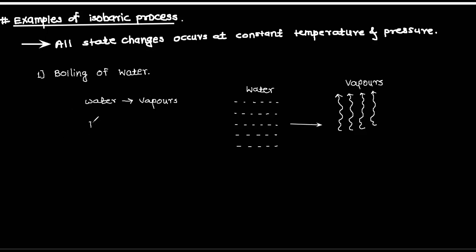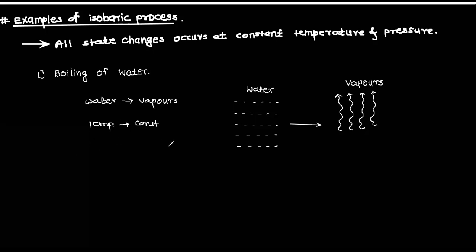Why does temperature remain constant? Because we are talking about state change, meaning 100-degree water and then 100-degree steam. So there is no temperature change. You will think, sir, my water is at 30 degrees Celsius and then it is getting converted into vapor, so the temperature will change. Don't consider that state. Boiling of water means boiling taking place at 100 degrees and vapors are also at 100 degrees. That case I am talking about. So that's why here temperature is constant.